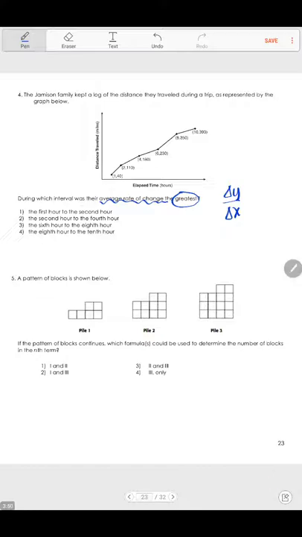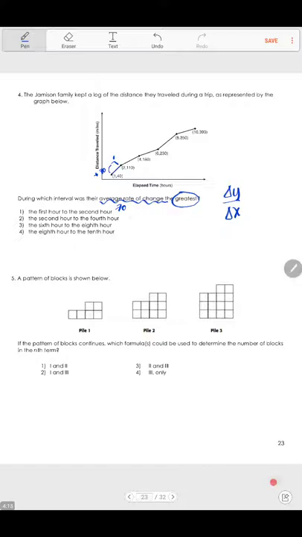So from the first to the second hour. First to the second hour is right here. So we need to see how much is the change in the y. So 110 and 40, the difference between them is 70. So it goes up by 70. And then the difference in the x's, 2 minus 1 is 1. 70 over 1 is 70. So let's write that here.